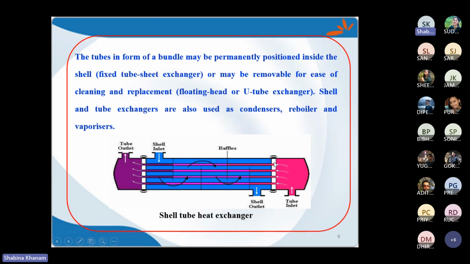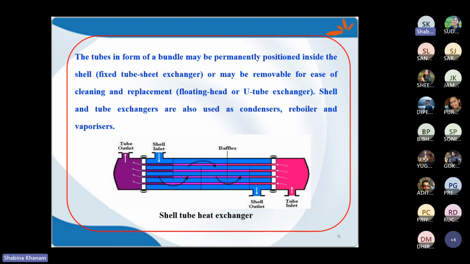Otherwise, this is one tube sheet, this is another tube sheet, and in between, if we leave the tube hanging, then what will happen when I'm considering high velocity on the tube side?